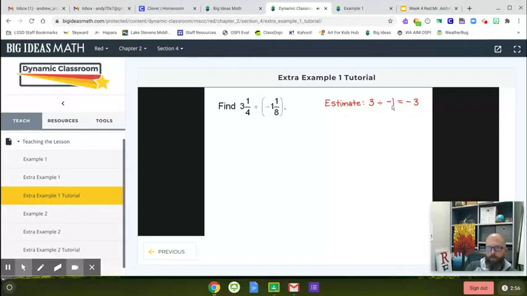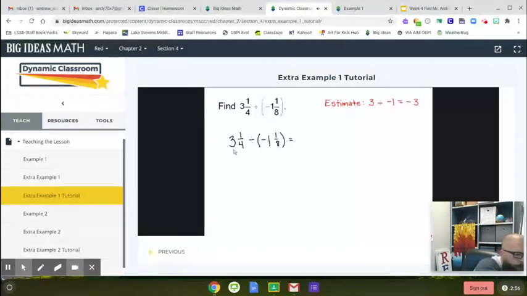So now let's rewrite our original problem. We have 3 and 1/4 divided by negative 1 and 1/8. For our first step, let's write each mixed number as an improper fraction. To start with 3 and 1/4, we'll multiply 3 times 4, which is 12, and add 1, which is 13, and that's our numerator.